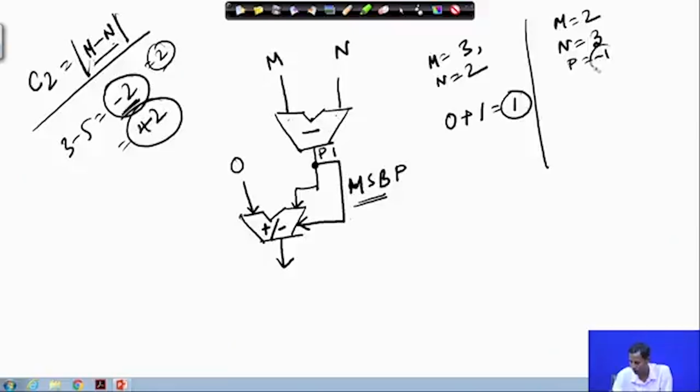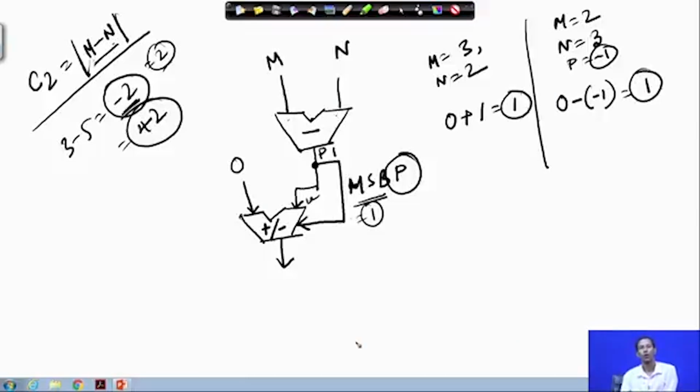P equals minus 1, so the MSB of P is 1. So 1 means it will be 0 minus whatever result I am producing, so 0 minus minus 1, which equals 1. So using this circuit I can implement the function of mod m minus n.